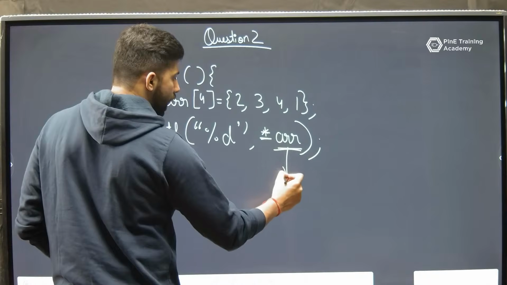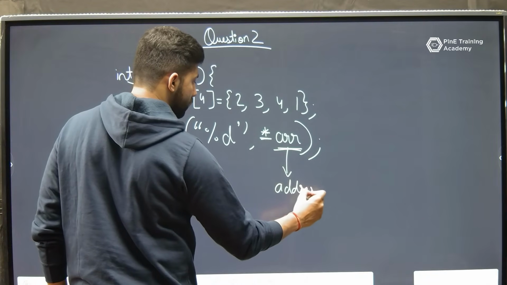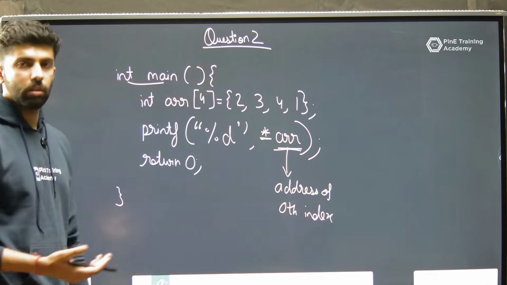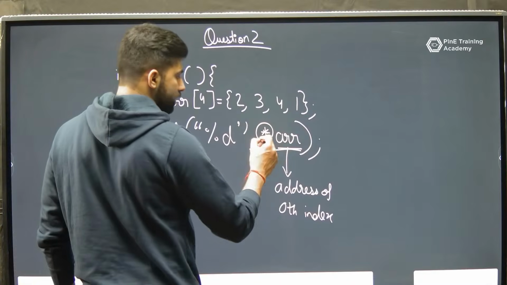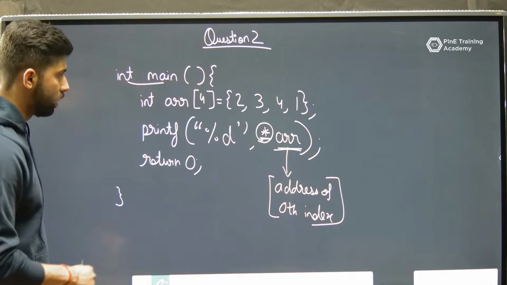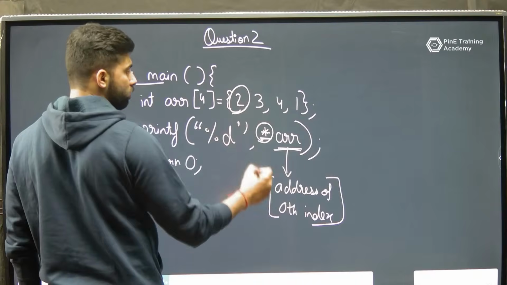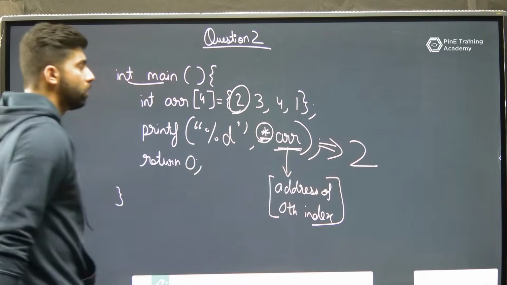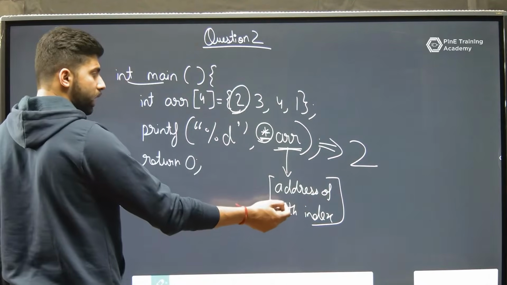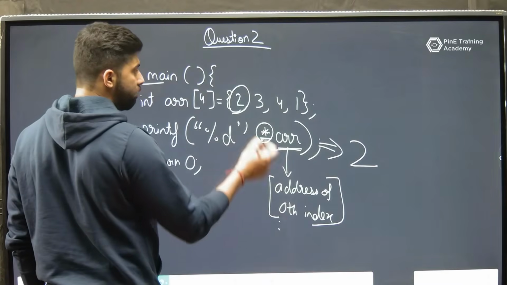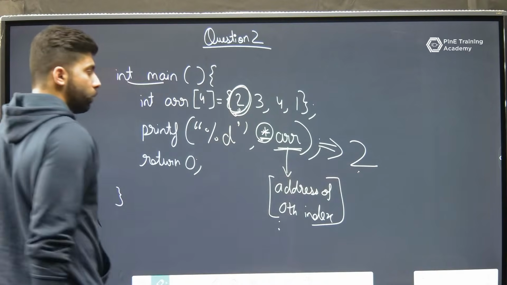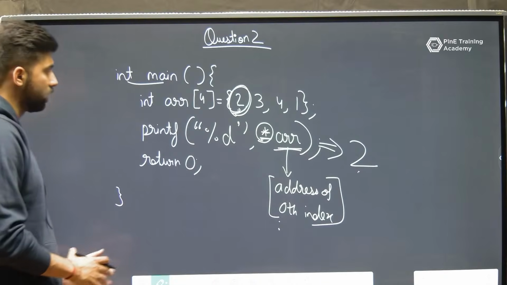By default, ARR stores the address of the 0th index. And if we dereference that, that means we need the value at that 0th index. So what is the value at that 0th index? It is 2. So this will print 2. ARR stores the address of the 0th index. If we dereference that address, we will get the value at that address. So we have the value 2 here. Okay, this was very simple.